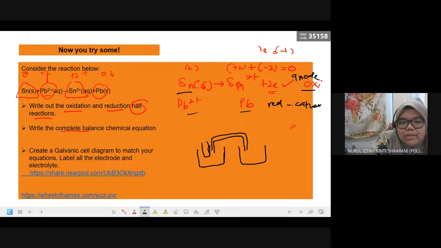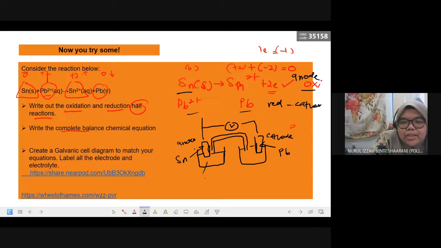So we have electrode, we have the connecting wire, and then we have a voltmeter to measure the voltage produced, and we have an electrolyte there. Okay, so dekat sini anode, kita akan letak Sn, dekat sini cathode akan letak plumbum. So this one is cathode lah.